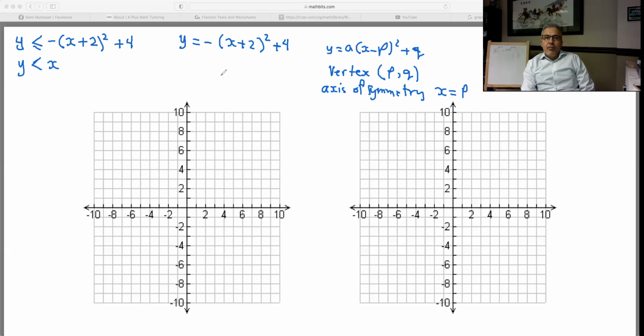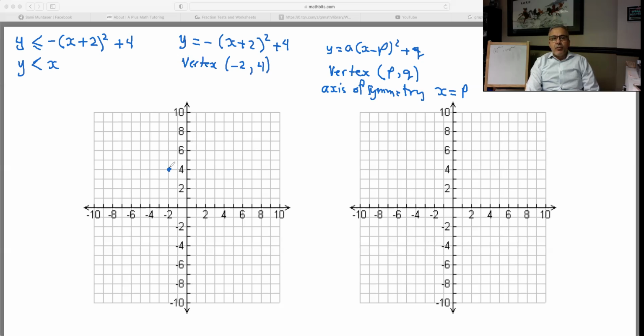Looking at the vertex here, it is (-2, 4). Always change the sign of the p value, because the form has minus p. So if it's x plus 2, then it's -2.